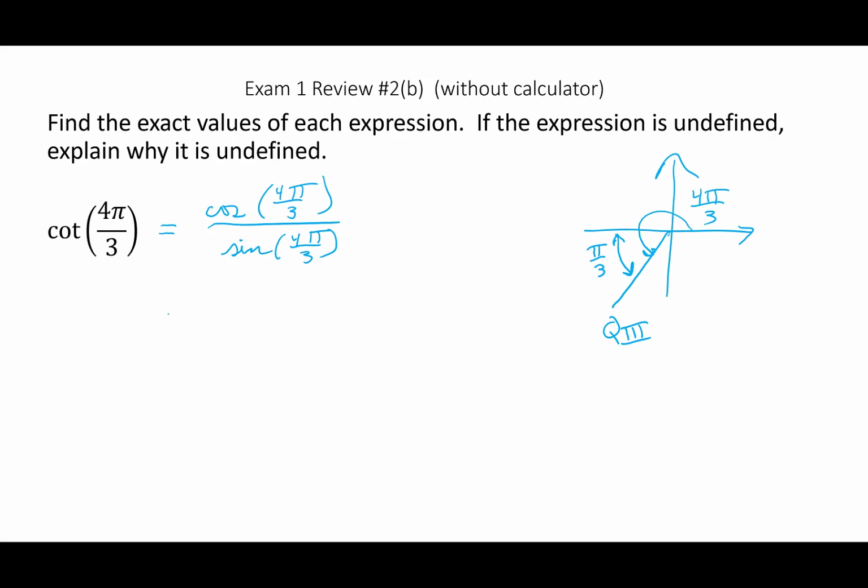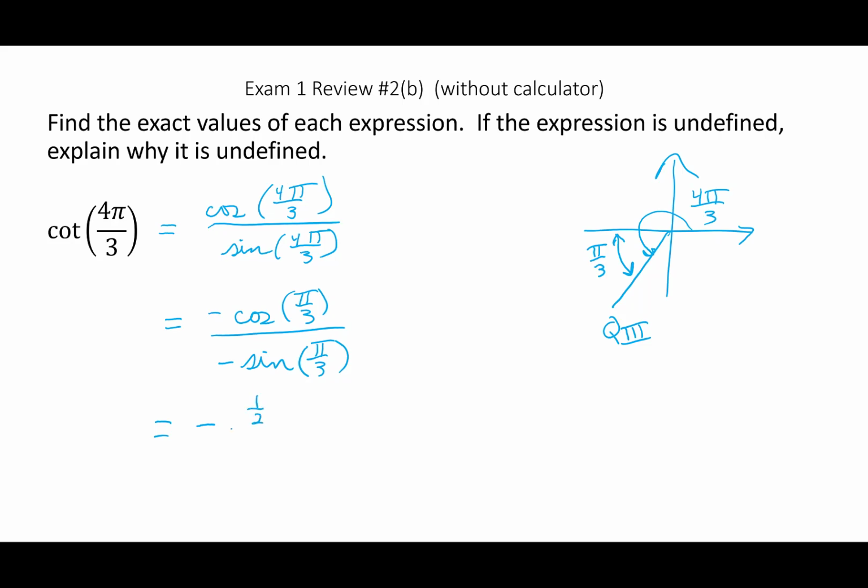So let's move on to write the cosine of 4 pi over 3. In quadrant 3, both the sine and the cosine are negative. So we're going to have negative cosine of the reference angle of pi over 3 over negative sine of the reference angle pi over 3. The cosine of pi over 3 is 1/2.